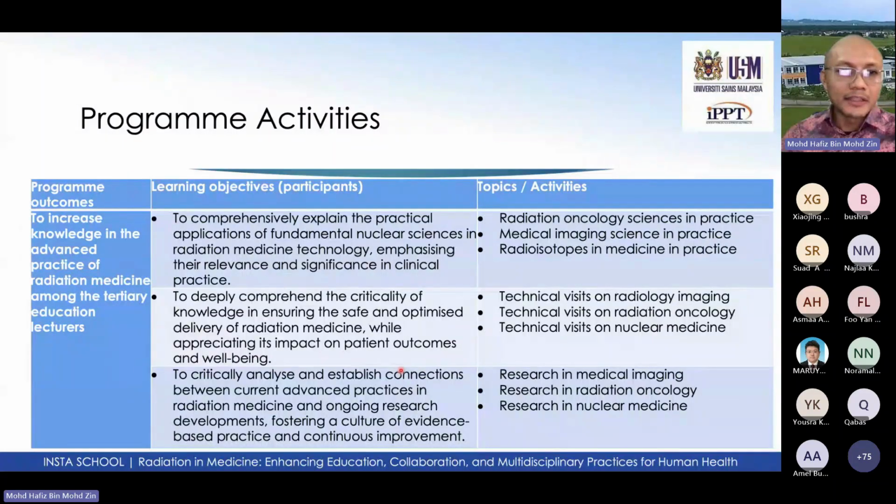Next, we also cover the core knowledge, like you have actually seen in the previous lecture, what are the modalities used, how they are used for imaging and also for treatment of patients.